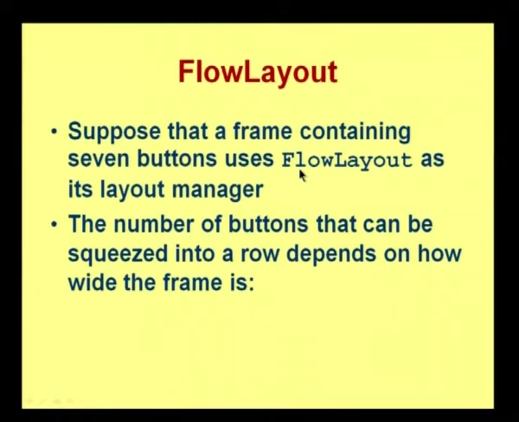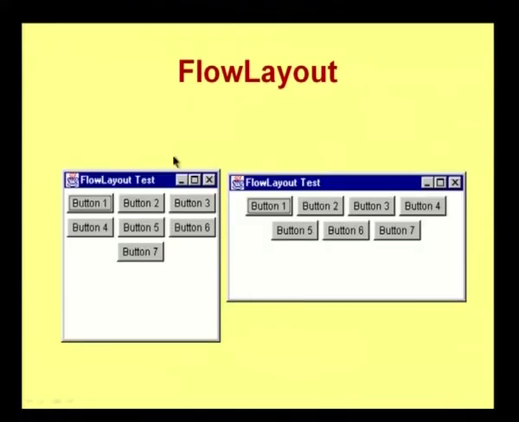Suppose that a frame containing 7 buttons uses flow layout as its layout manager. The number of buttons that can be squeezed into the row depends on how wide the frame is. As I told you, you can see here, if my frame is of this size, I add my first button, second button, third button, and after that I do not have any space in the frame. So, automatically that gets added in the next row.